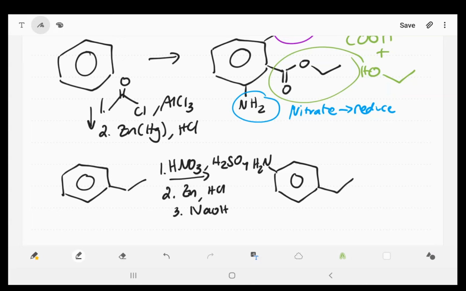Is this getting what I've drawn here? Does this get us to where we want to go? No, because it's the wrong spot. So I would not do this step next, because we end up with our amine para, right? Para is the preferred position. So what do we do?